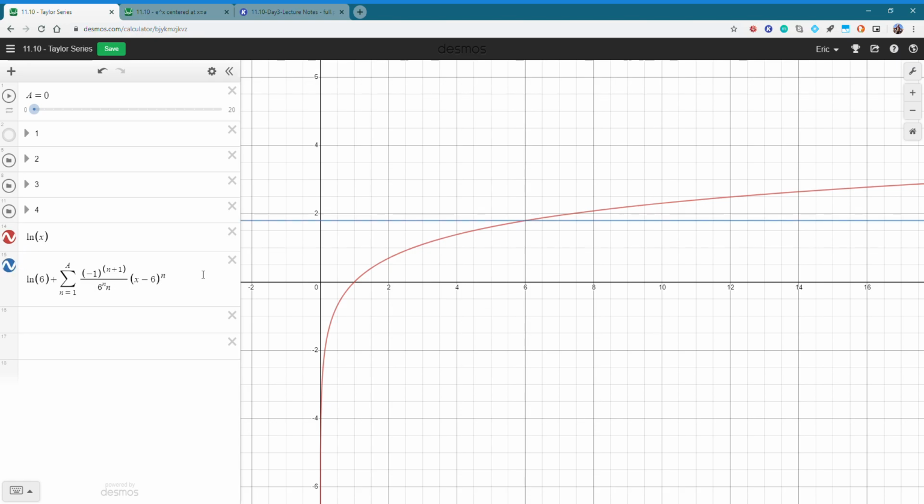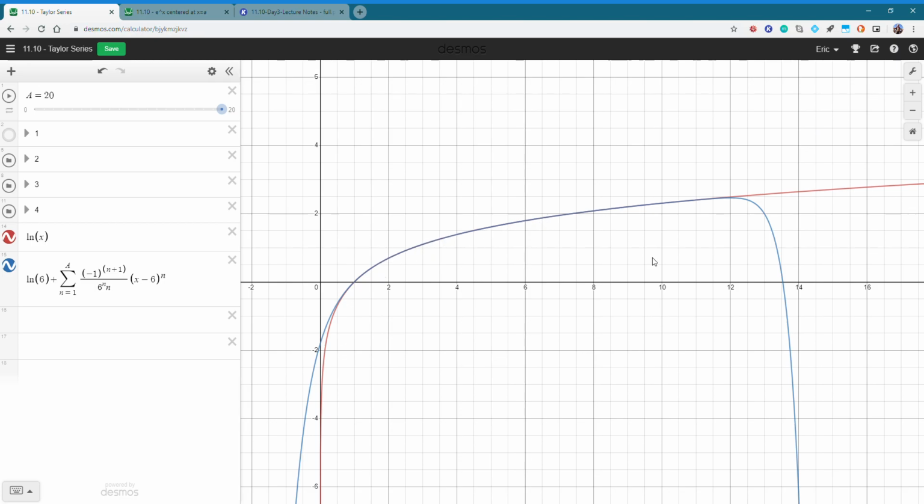And if we pop that on, then notice our very first approximation is just the constant natural log of 6, and it is indeed anchored onto our function at x equals 6. And if we slide this slider over, we'll be getting more and more terms, and indeed we're anchored right at x equals 6.